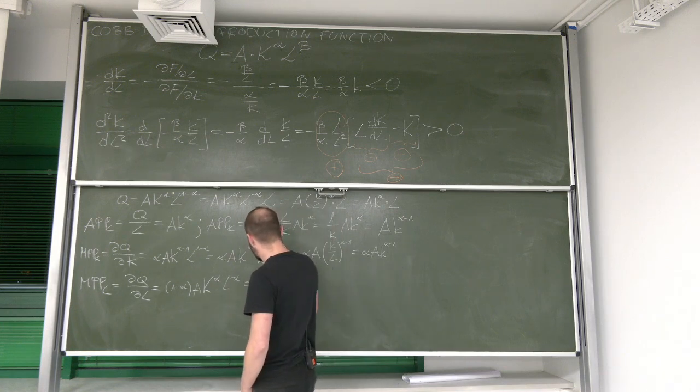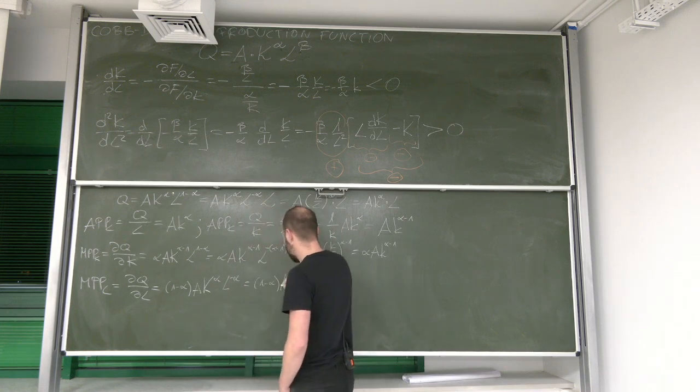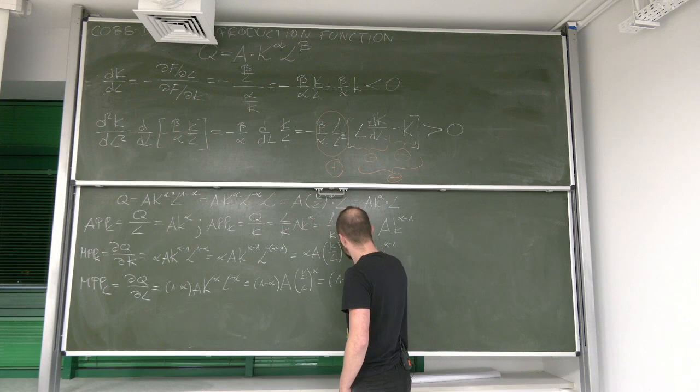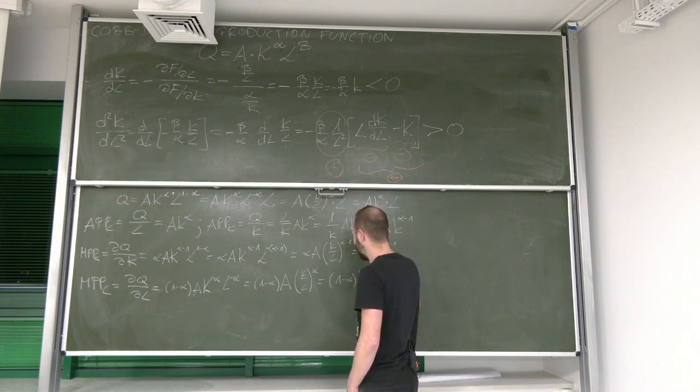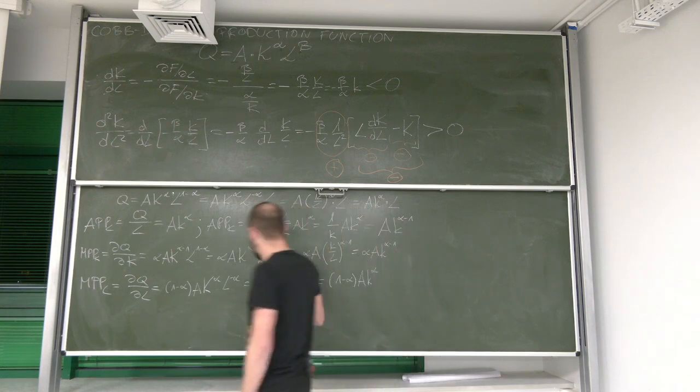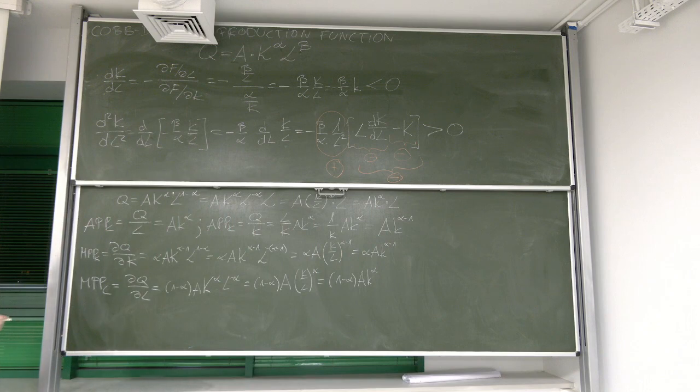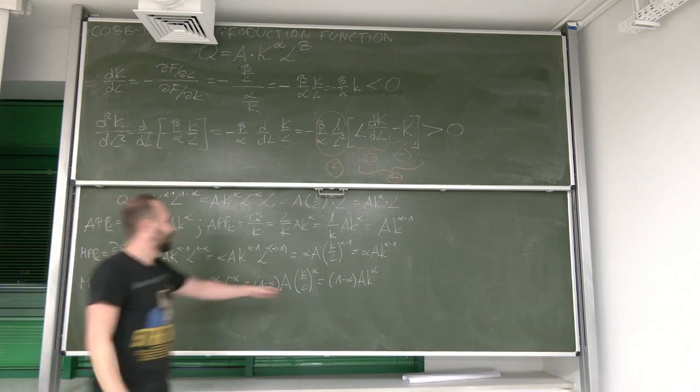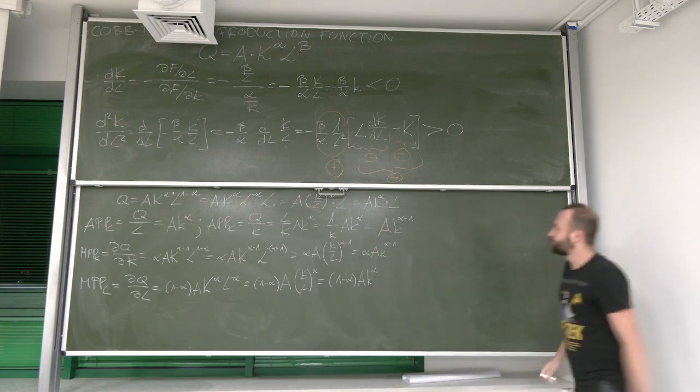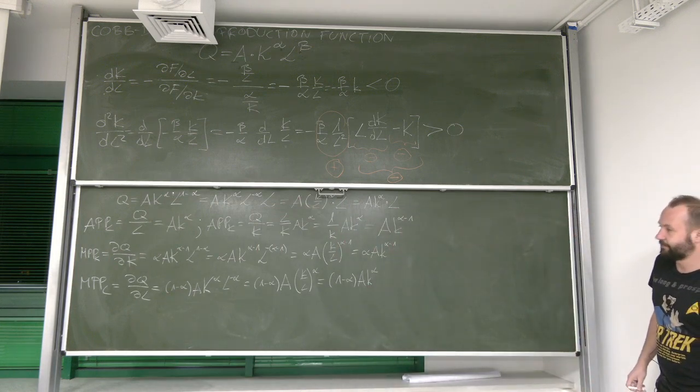So I'm getting 1 minus alpha times A times K over L to the power of alpha, or 1 minus alpha times A k to the power of alpha, which is a function of the capital to labor ratio alone.